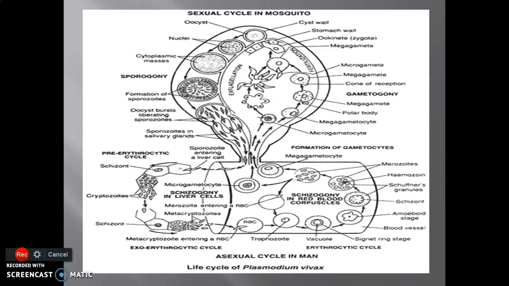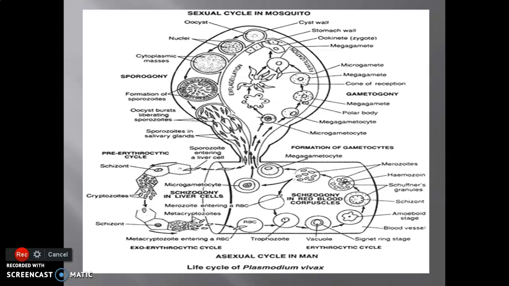So here comes the end of two first stages, that is stage number 1, liver schizogony, that is exo-erythrocytic schizogony, and second one is nothing but erythrocytic schizogony. Now here comes the end of life cycle in intermediate host. Here comes the end of life cycle in the human being.